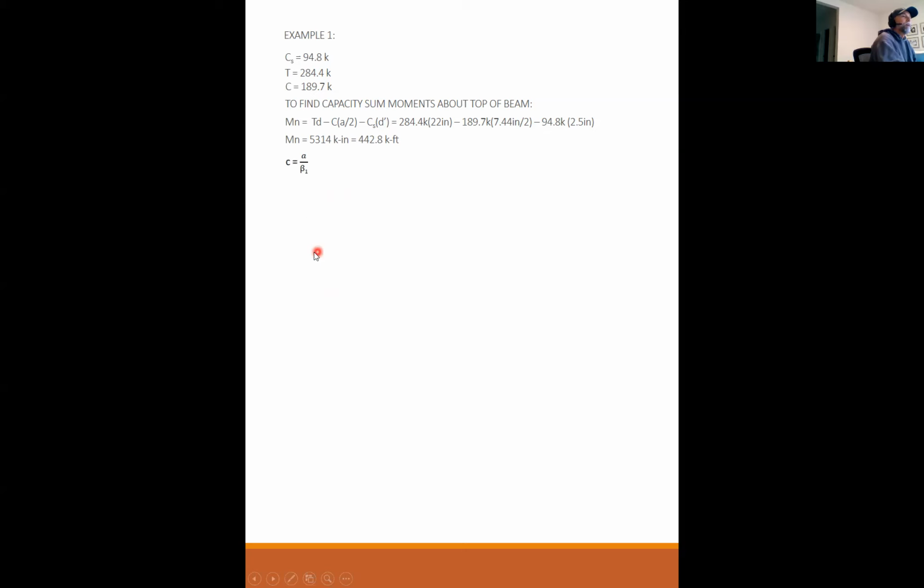c is a over beta 1, 7.44 over 0.85, and somehow I got this inch squared on every one of these. Stuff like that would just drive you crazy. So c is 8.75 inches. Epsilon sub t is 22 minus 8.75 over 8.75.